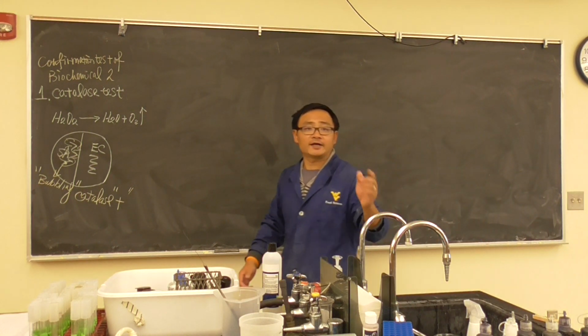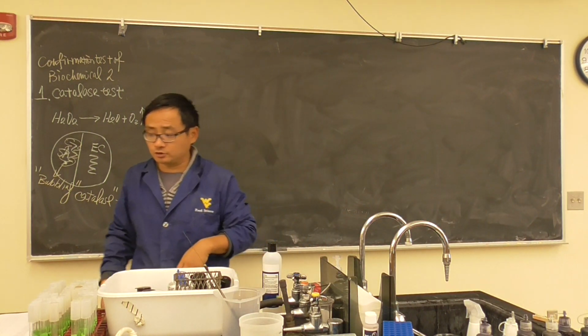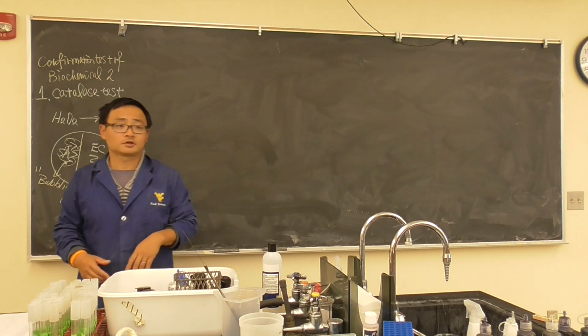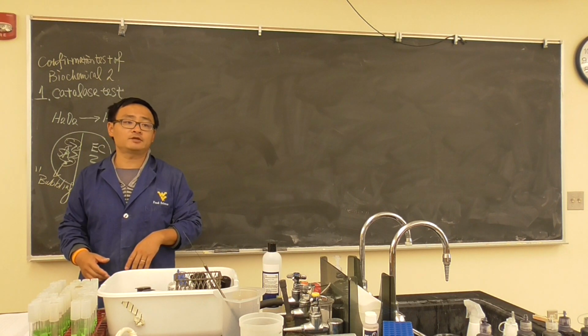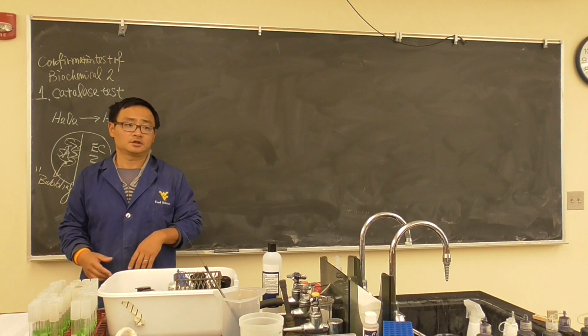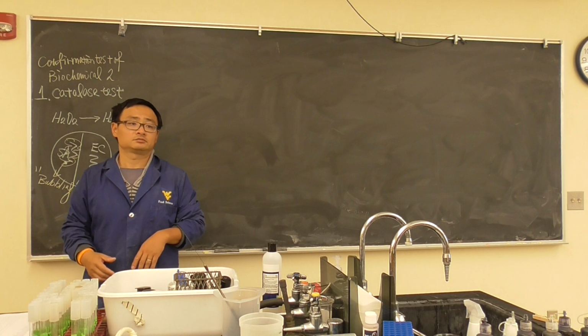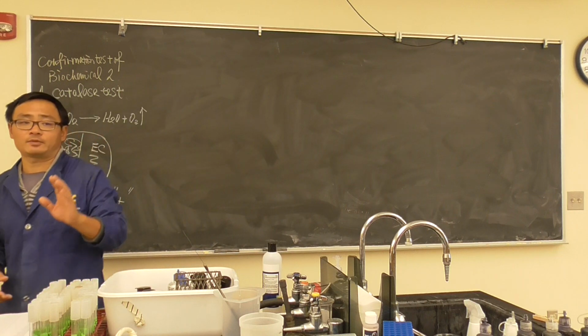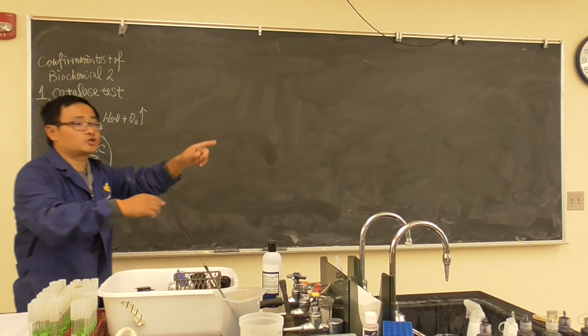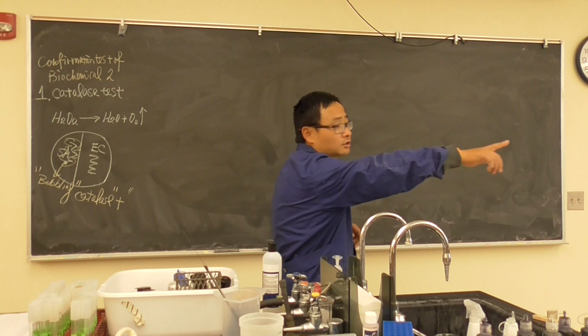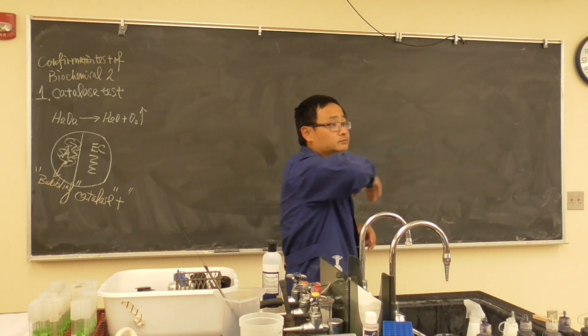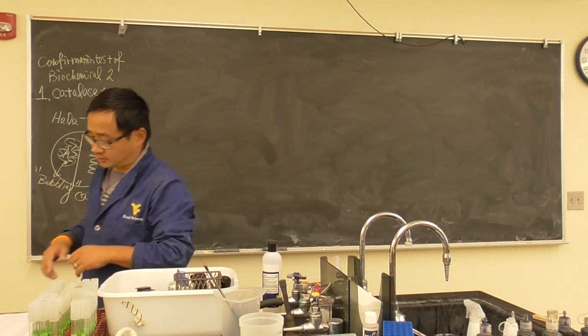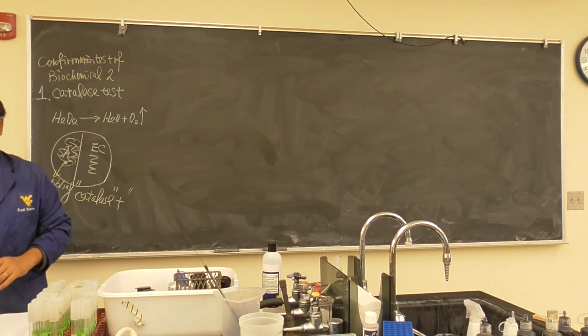Add it yourself, and add H2O2 for everybody else. Don't use all of it. Just a tiny drop, one side of each. Then you wait there and you see the bubble come out. Go ahead from bench number 1 and add it for everybody. Is that okay? That's good. So you guys can take a look.